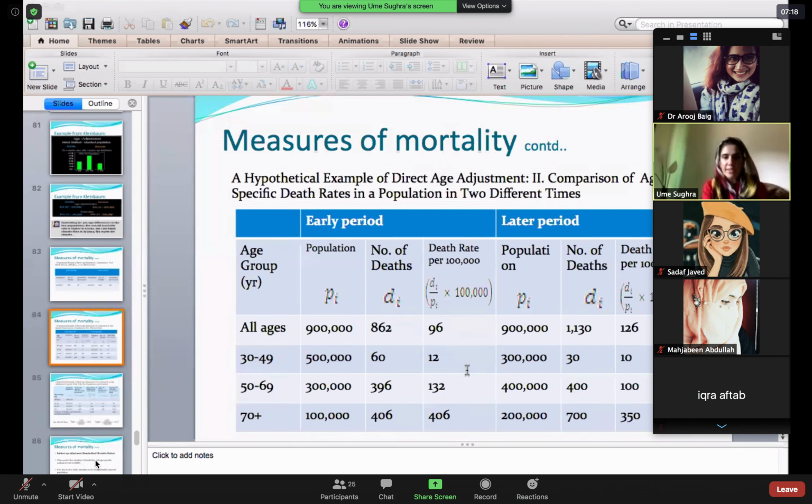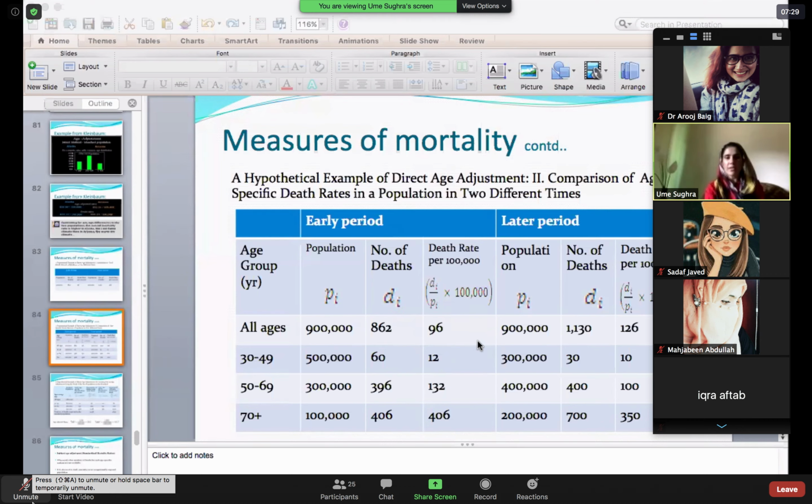Now, what is the standard population that we have calculated for this particular age category? That is 800,000, right? We have made a column here. All of you can see my cursor, okay? We have created a standard population here, and the standard population for this particular age category is 800,000.